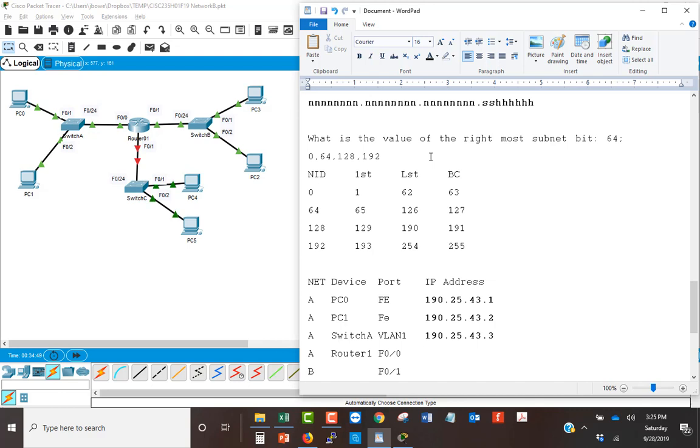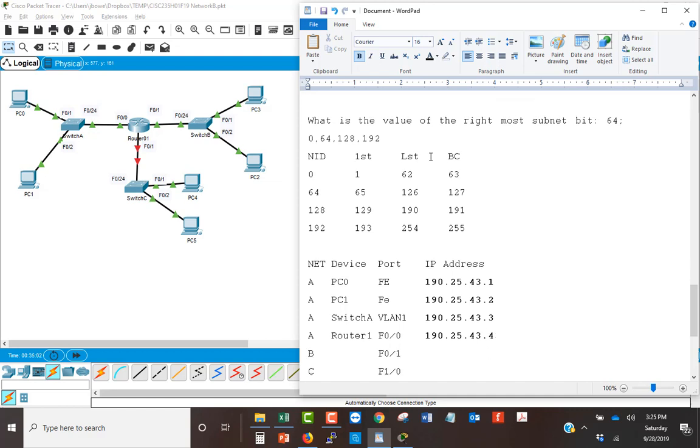And router 1, port F00, I'm going to give that a 4. Now notice we're looking at the port on router 1, F01. That belongs to network B.